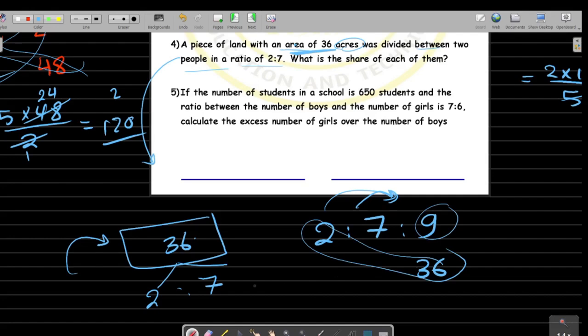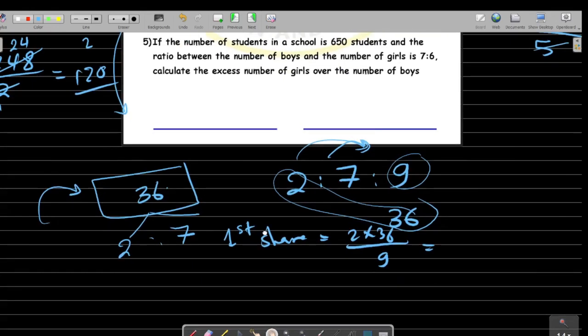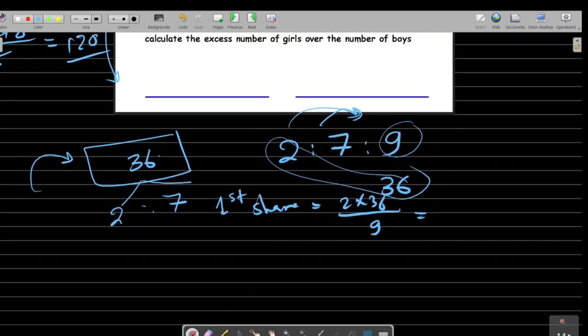So the first share equals 2 times 36 divided by 9. You will get the answer here. It's easy. 36 divided by 9 equals 4, and 4 times 2 will be 8.